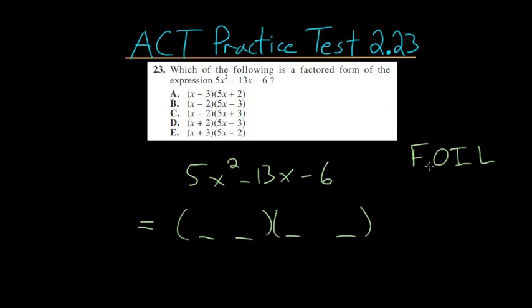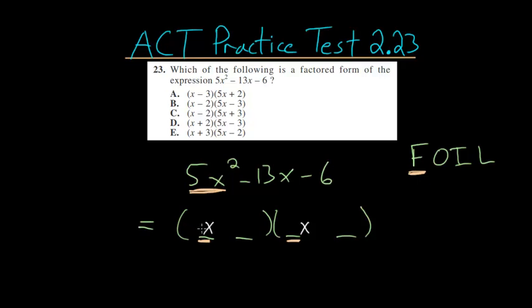And with the FOIL method, you start with the first terms in each, and both of these multiply together to give the first term of this expression. So we need to think what two numbers can multiply together to give 5x squared. And right away, since we have x squared, we know that each of these has to have at least x in it, since x times x gives us x squared.